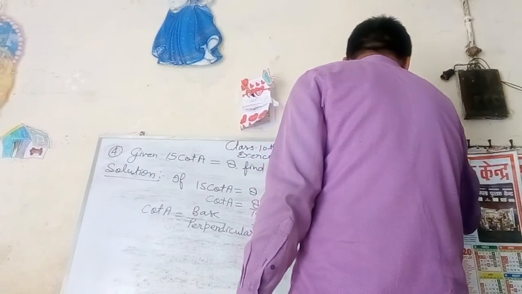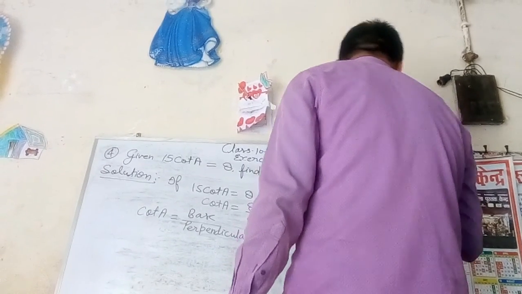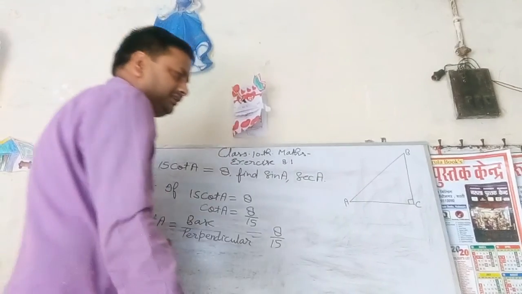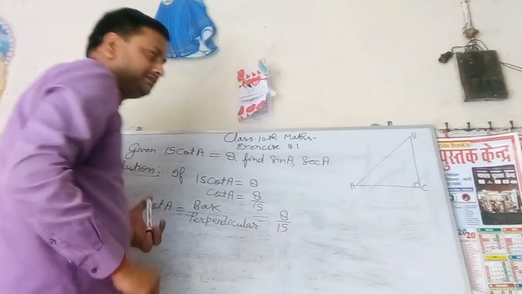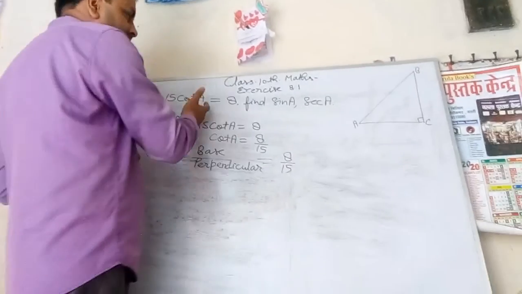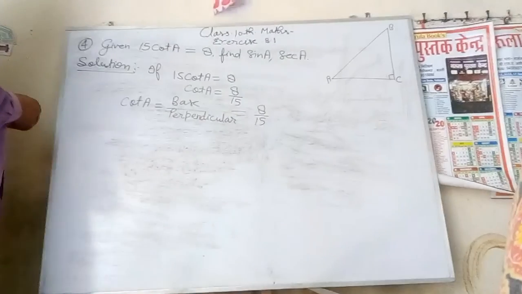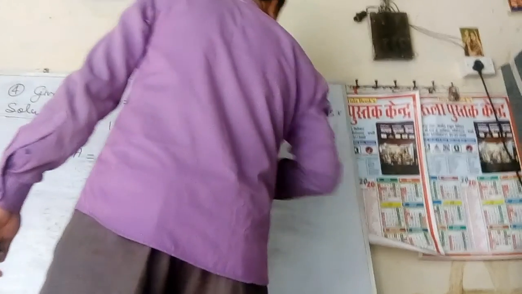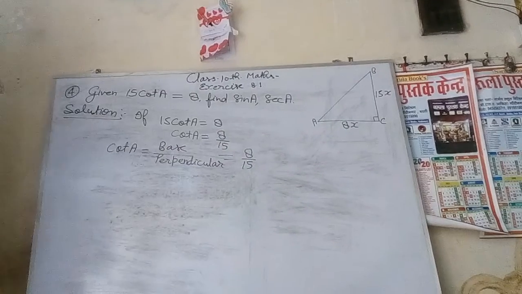In this question, it is not defined which angle is the right angle, and we take here the right angle as C, because we cannot take the right angle as A, since we have to find the ratio values of A. So base is 8x and perpendicular is 15x, and find out the hypotenuse.